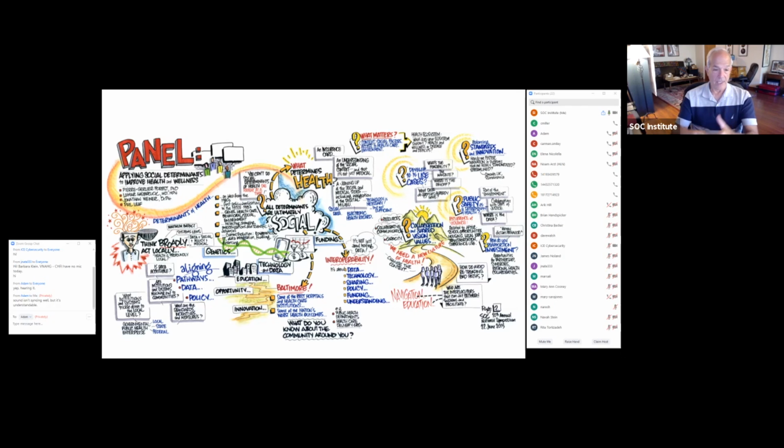We have a separate social determinant group that has lots of people who have identified their interests in this area. It'll be a topic that we'll want to come back to multiple times going into the future as we dig into aspects of the social determinants or specific components of it and specific functional ways of integrating that into the care and services we provide.